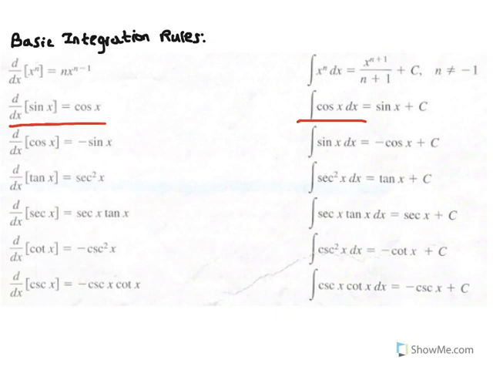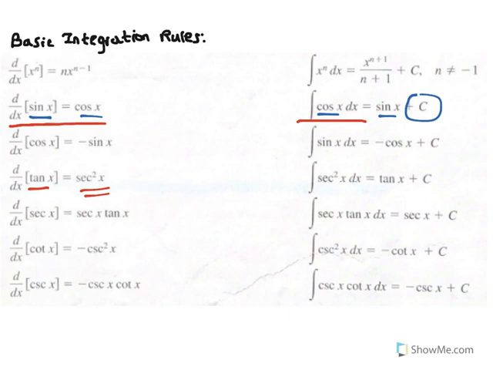For example, we learned earlier that the derivative of sine is cosine. So the indefinite integral of cosine would be sine plus the constant of integration, and that's what we just saw. And you can see other examples here. Earlier we learned that the derivative of tangent is secant squared.